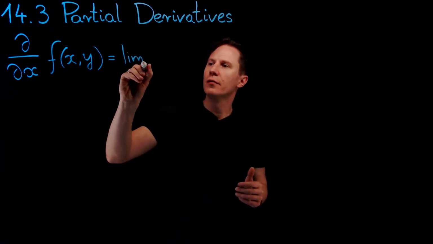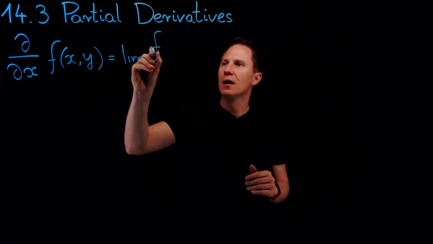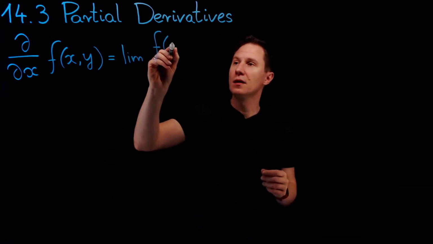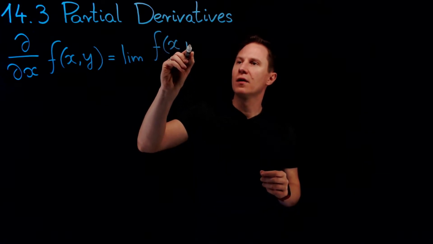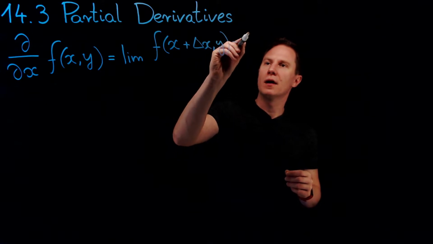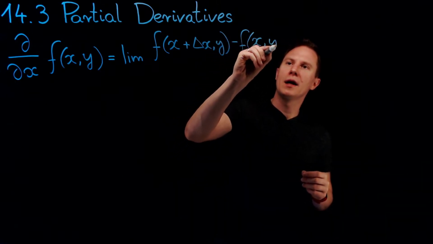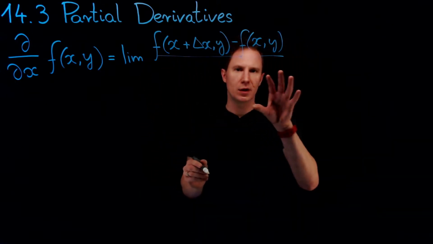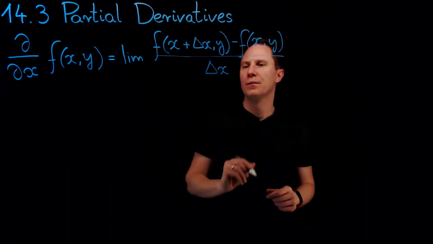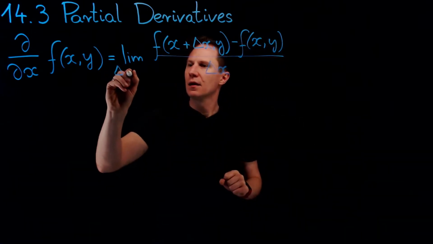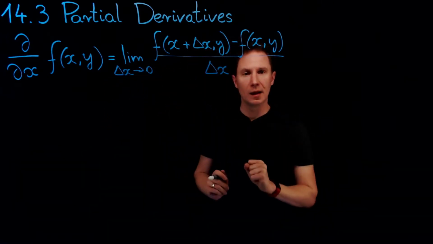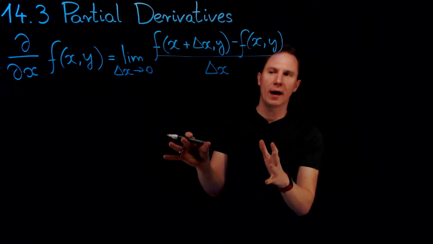They all refer to the same thing, which is just forming the differential quotient in x, meaning that you take f of x plus delta x, y minus f of x, y. So this is a small nudge in the x argument, in the first argument, divided by delta x, and delta x is taken to 0, and this limit is the partial derivative with respect to x.